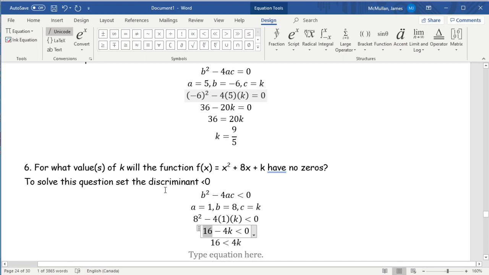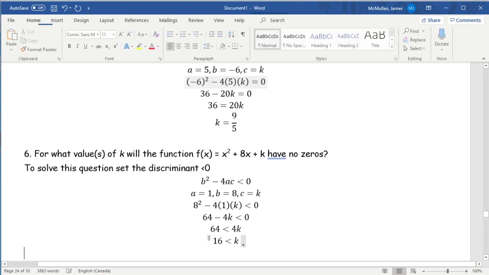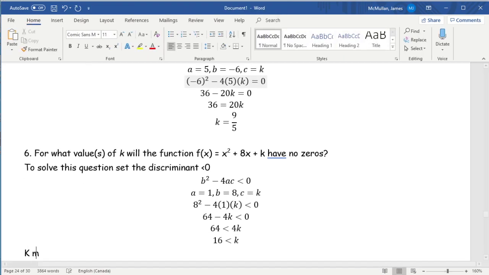Sorry, not 16. 8 squared is not 16. 8 squared is 64. Let's move the 4k to the other side, and then we get 16 is less than k. So there's our solution. K must be a number bigger than 16 in order to give this answer.